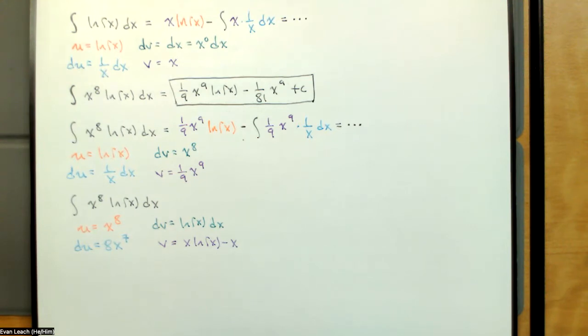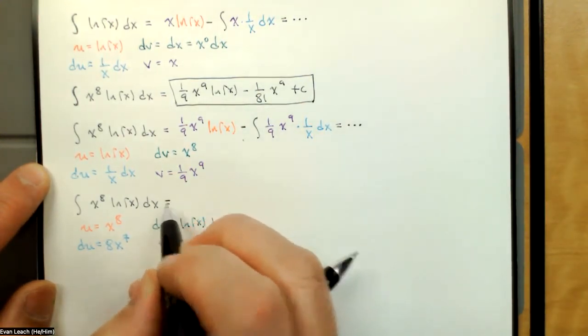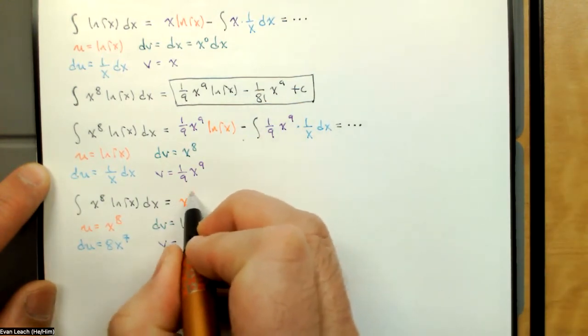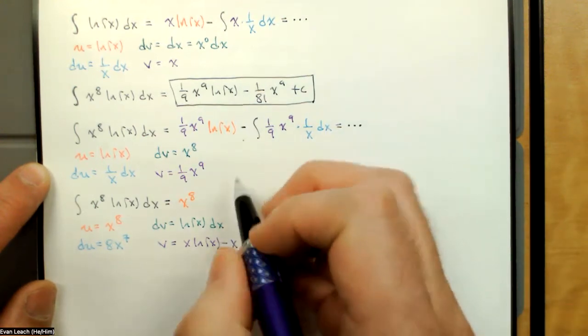Let's put this together in the parts formula and see what happens. So our parts formula is going to be uv minus the integral of v times du. And this is not going to look fun, but we're going to have x to the 8 times x ln x minus x.